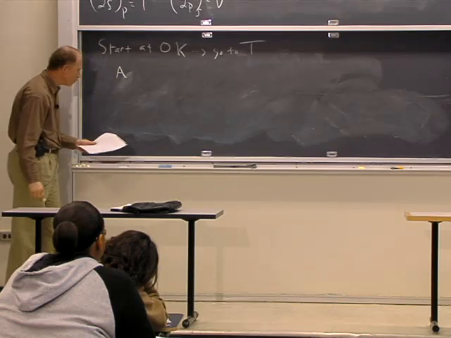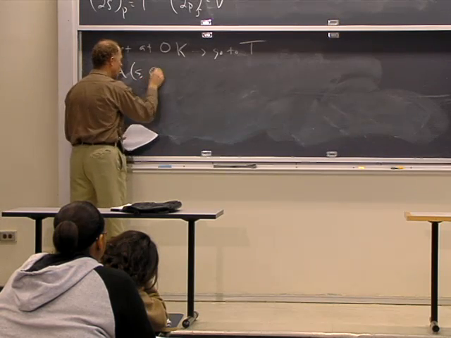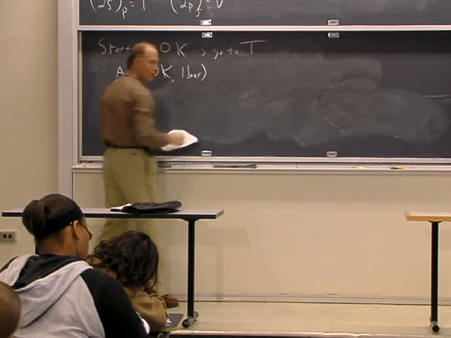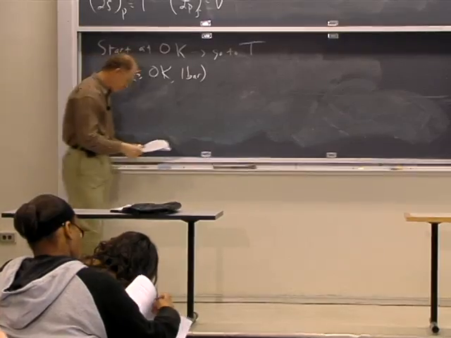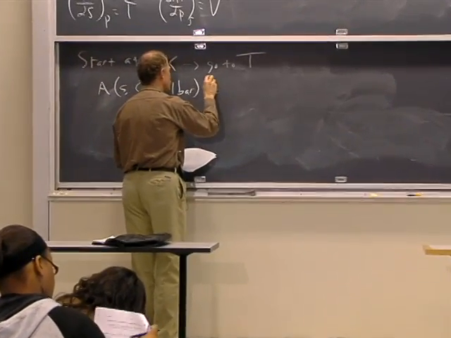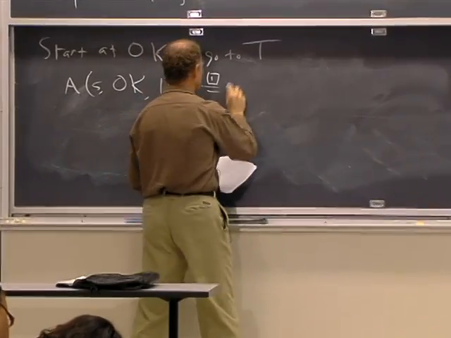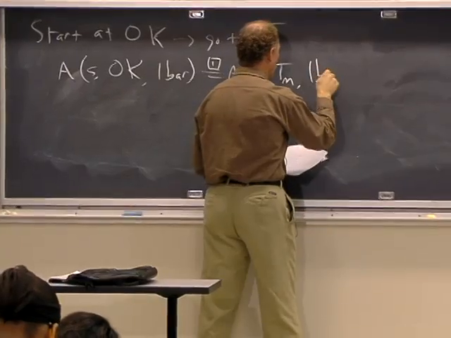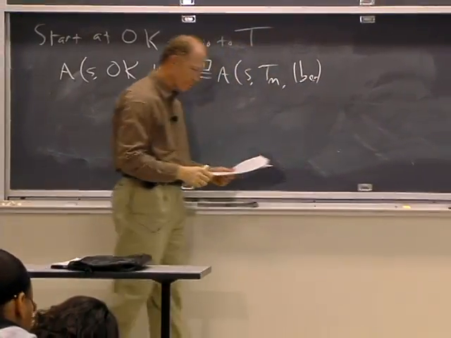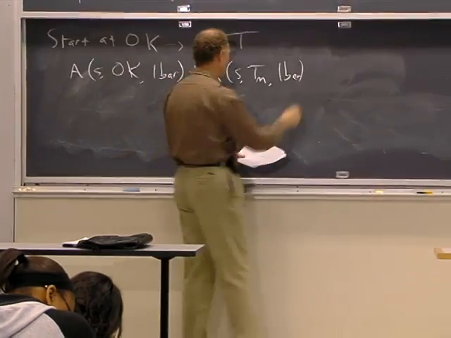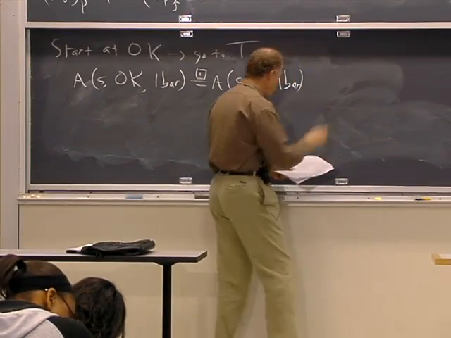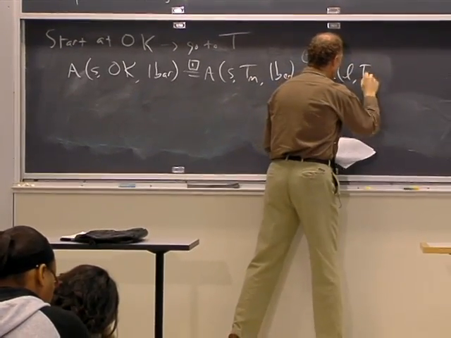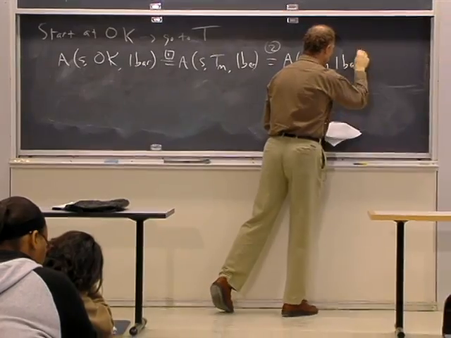We've got some substance A, solid, 0 degrees Kelvin, 1 bar. Here's process 1. It goes to A, a solid, at the melting temperature and 1 bar. Process 2 is it turns into a liquid at the melting temperature and 1 bar.